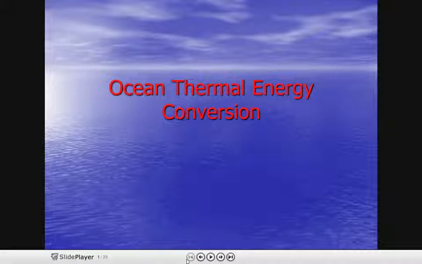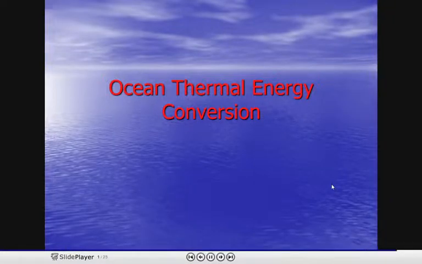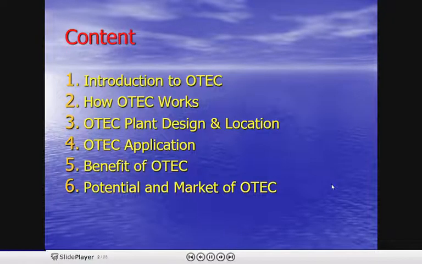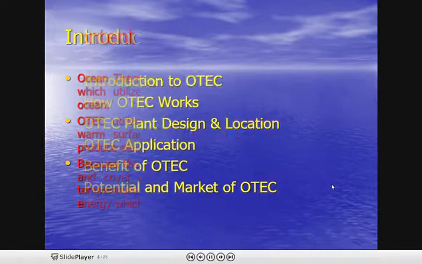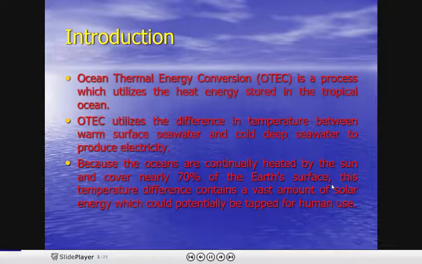But in ocean thermal energy conversion, we make a temperature difference, and by this we obtain the electricity. Now the main content we will discuss in today's video is the OTEC work, design, location, application, its benefits, potential and market.